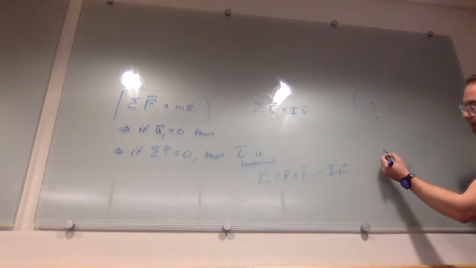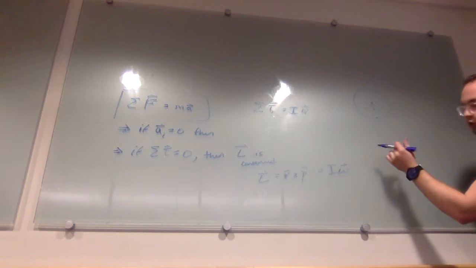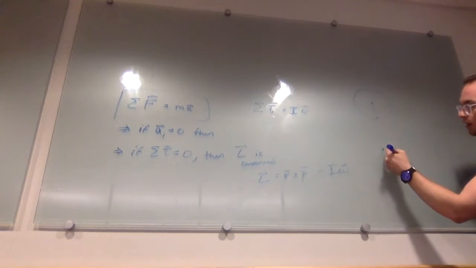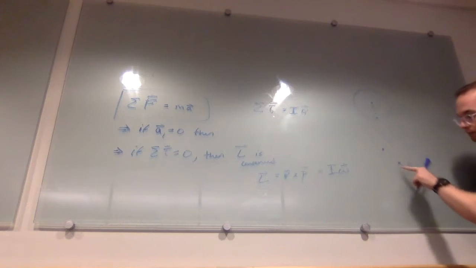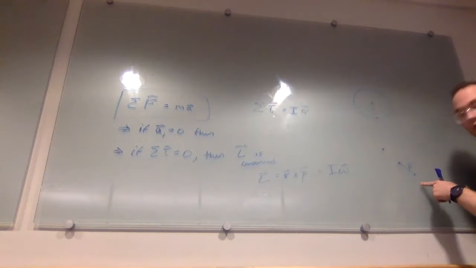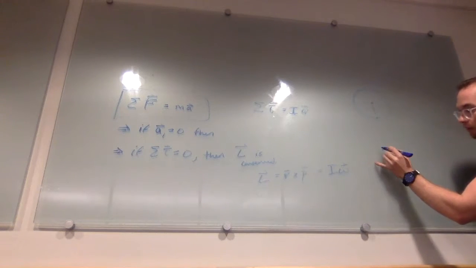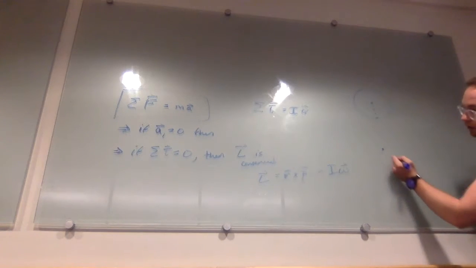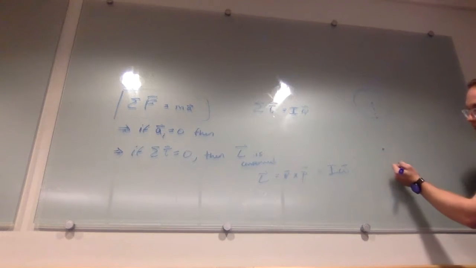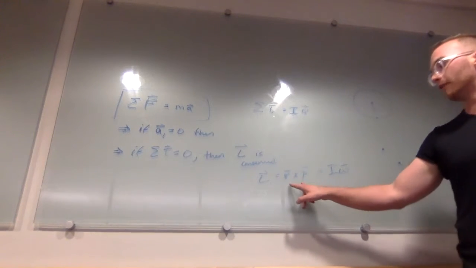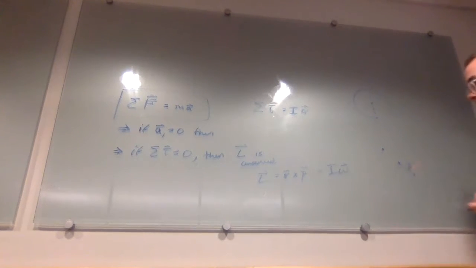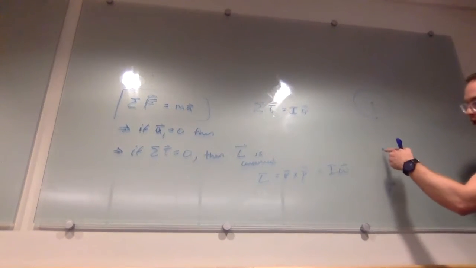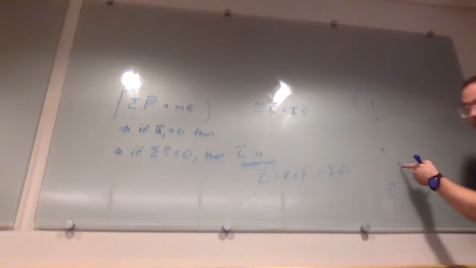R would be the distance between this reference point and where the object is, and p would be the linear momentum vector. Now, of course, the way I've drawn it, they're parallel. R is here and p is here. Well, if I have two parallel vectors, taking the cross product gives me 0, right? So in this case, my angular momentum around this point of this object is 0.